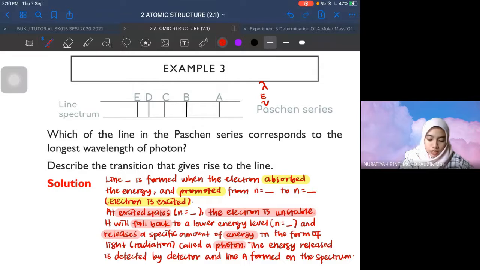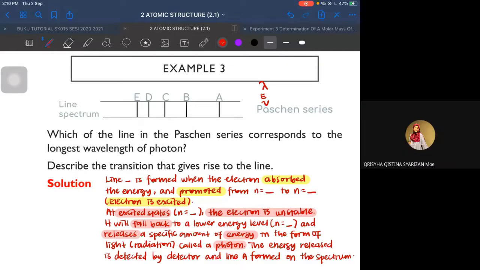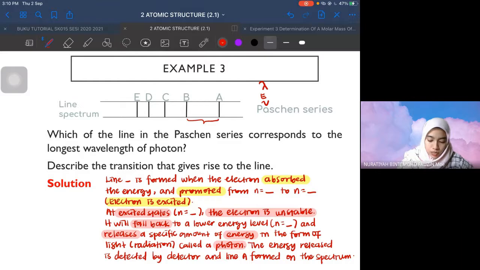Kita tengok apa? The gap. Yes. So this one, the gap is the widest. So this one will have the longest wavelength. Okay. So lambda paling besar, paling tinggi. Right. So line A is the line with the longest wavelength.